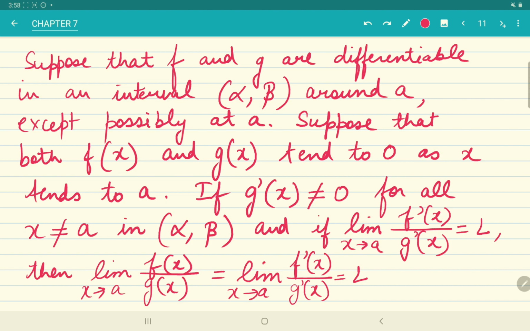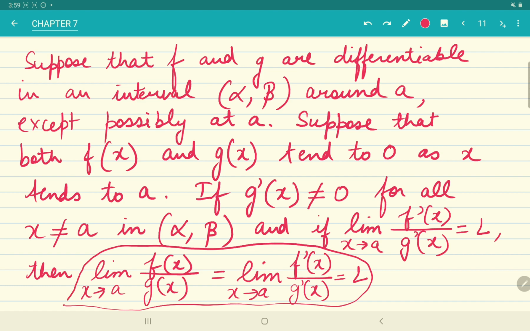So if g prime x is not equal to 0 for all x not equal to a in this interval, and if limit x tending to a of f prime x by g prime x is equal to L, then I can write this. And here, please keep this in mind that L can be finite, L can be infinity, or L can be minus infinity.